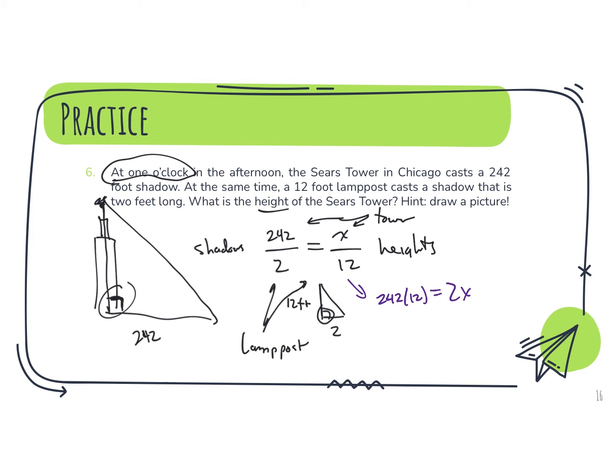So 242 times 12, you can do a little calculator mashing and get that. 242 times 12 is going to be 2904 divided by 2, 1,452 feet. So how tall is the tower? The tower is going to be 1,452 feet tall. There's my answer. Okay.